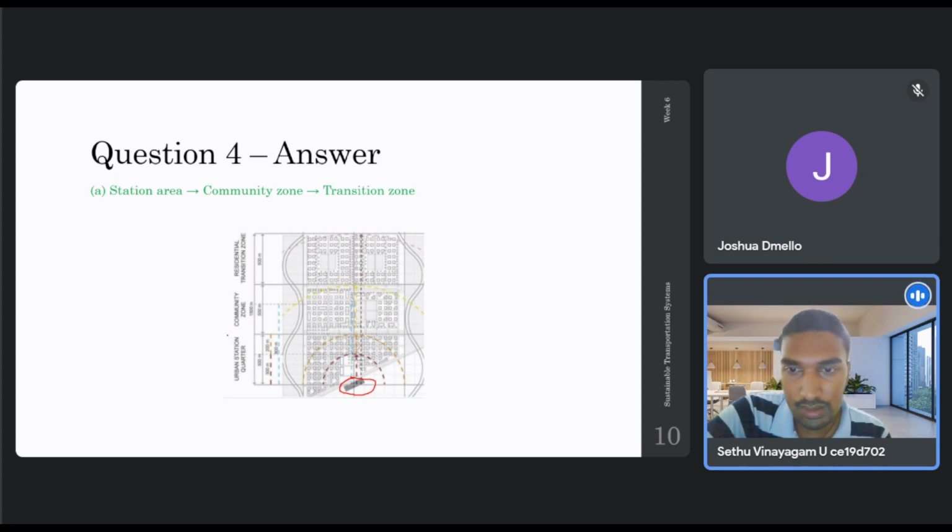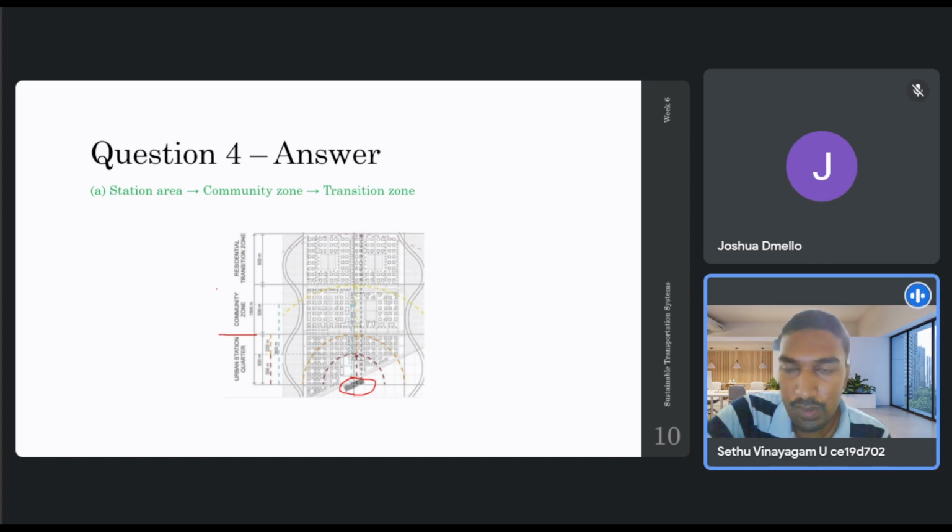So as we can see here, this region around the transit station is divided into three zones. One is the urban station quarter or the station area, which extends a distance of around 500 meters as we go away from the transit station, right?